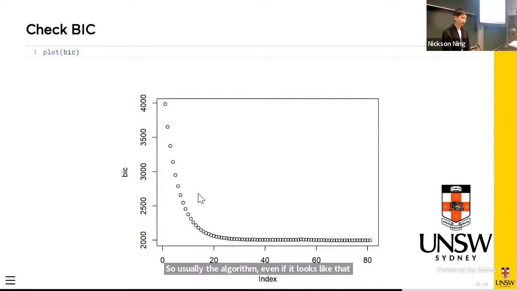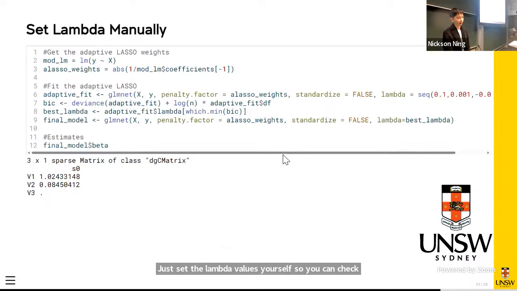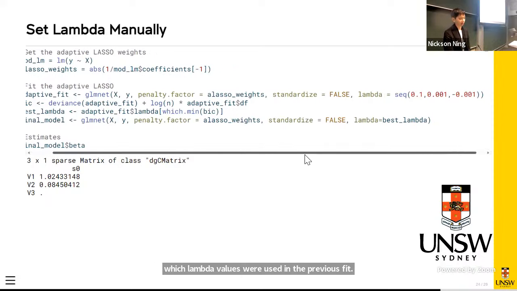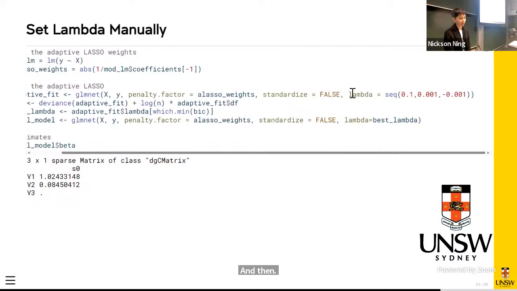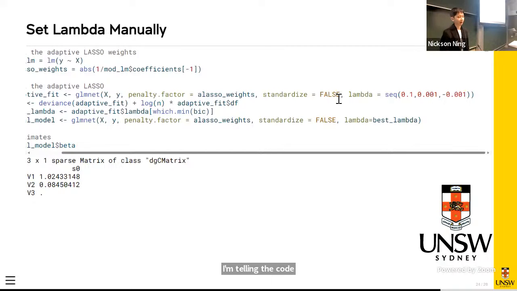But if you want to be more sure, you can set the lambda values yourself manually. You can check which lambda values were used in the previous fit, and then in a second fit here, you can choose the lambda values yourself. In this case, I'm telling the code to check lambda values from 0.1 down to 0.001 in increments of negative 0.001.